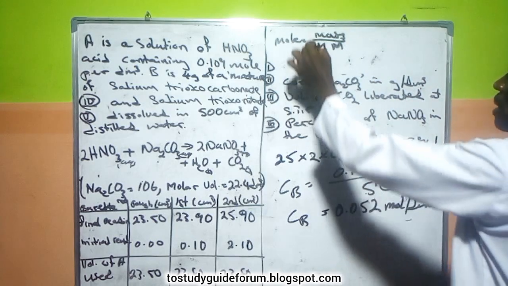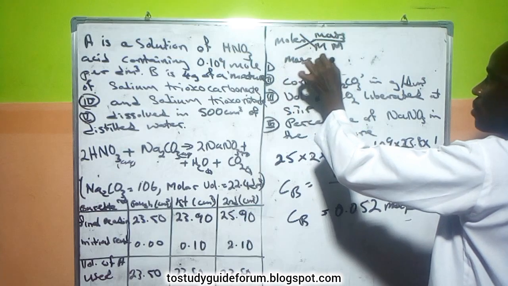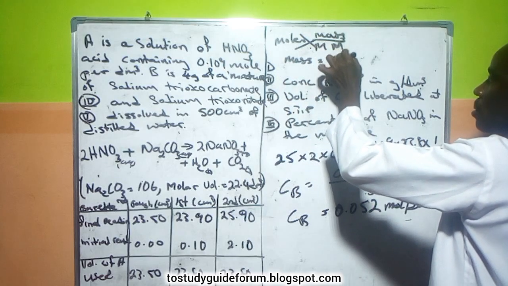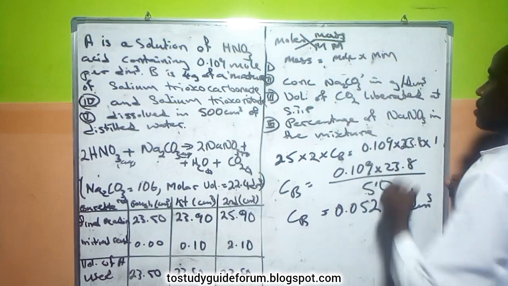So if we cross multiply this, we have mass equal to mole times molar mass.